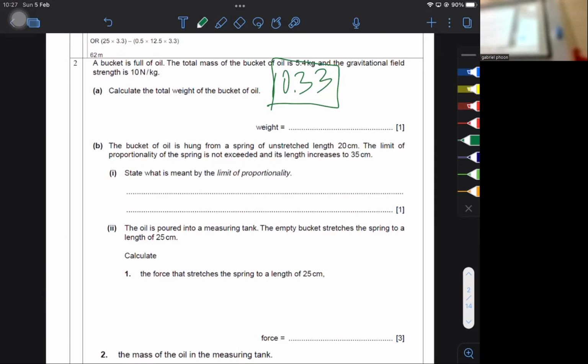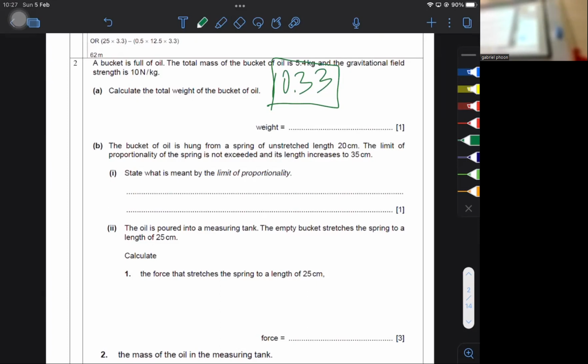Oh, go for it. Yeah, you got it. I did it wrong once. How is this the spring constant? This is 9. Yes.